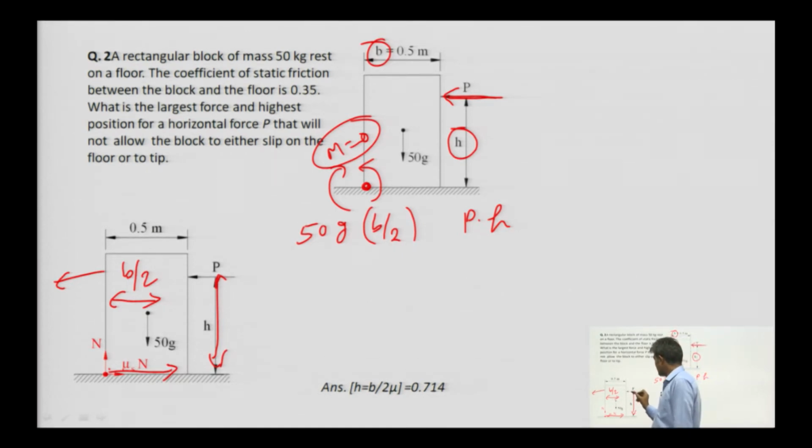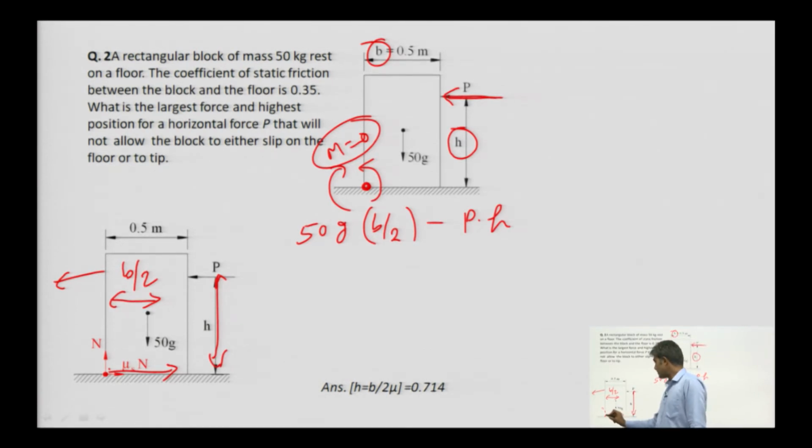The sign will be opposite to this one. If this is plus, then this will be negative. Why? Because the weight of the block is trying to rotate clockwise, and this one anti-clockwise, that is why the negative sign will be taken.